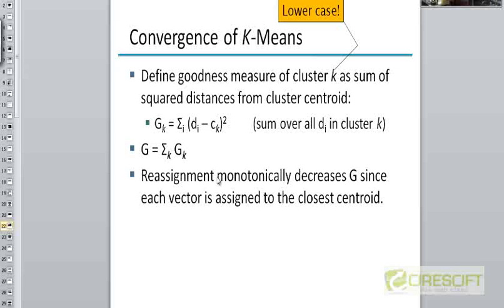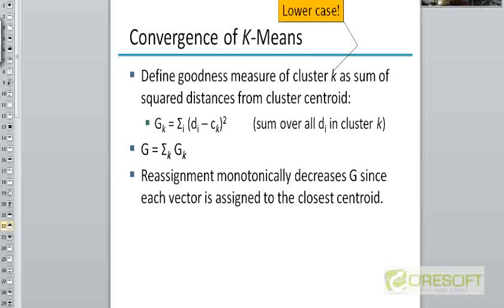So is that clear? We're going to try and prove that in every iteration of the K-means algorithm, the value of this G can only go down. It cannot ever increase. It will always decrease. And by showing that, we will be showing that the K-means algorithm converges, because G monotonically decreases and it cannot decrease indefinitely.